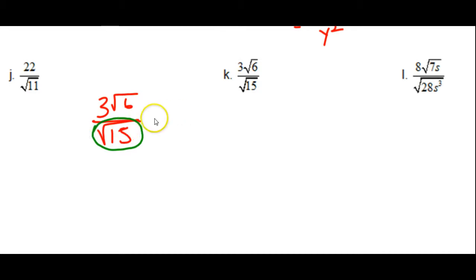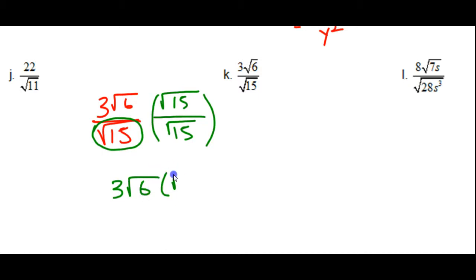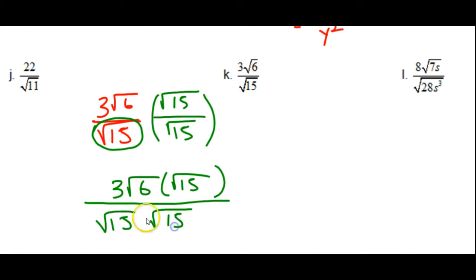So what we're going to do is take that whole thing and multiply it to the top and multiply it to the bottom. So the top part is 3 square root of 6 times square root of 15 all over square root of 15 times the square root of 15.